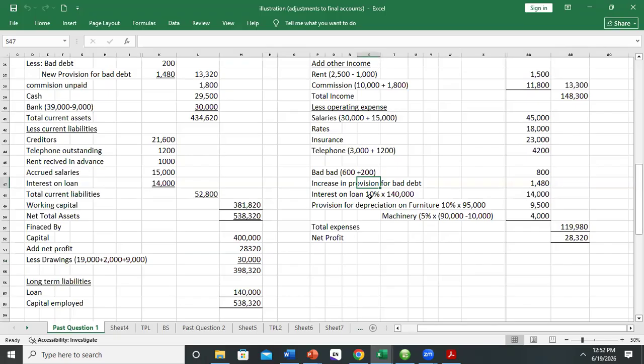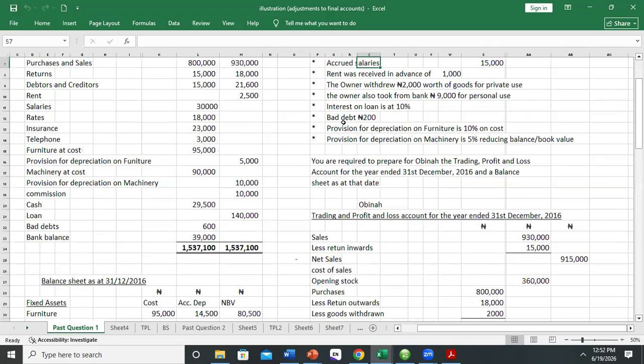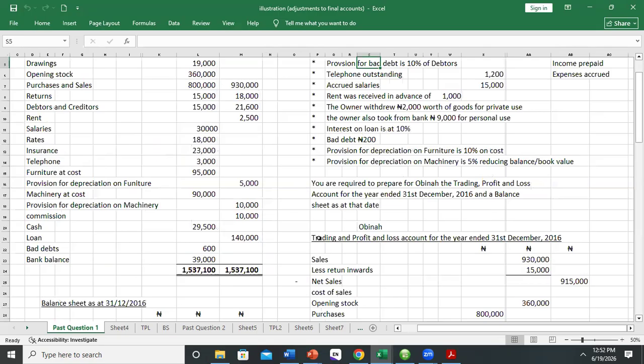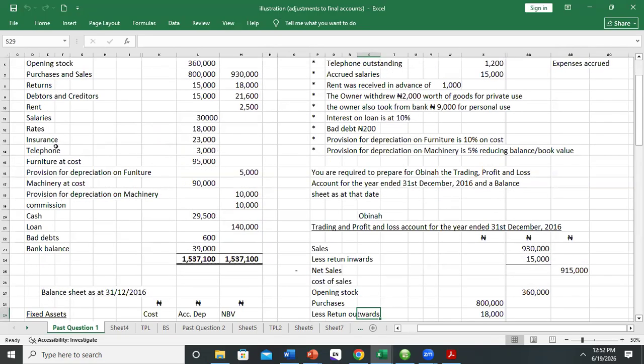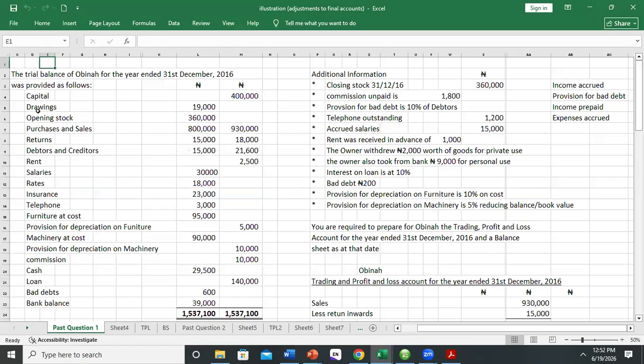The 9,000 is the cash, which was also withdrawn from the bank. Let's look at that one. The owner also took 9,000 from the bank. That is why we are adding the 9,000. But already in the trial balance, I think there was some drawings there. Let me check. Yes, there were drawings of 19,000. So you see, we pick that figure and then we add all the adjustments on drawings.